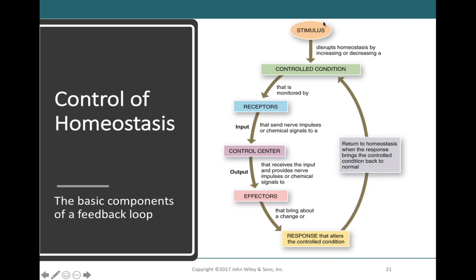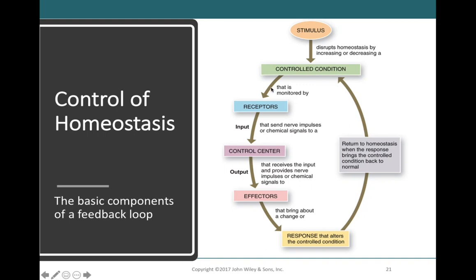Any stimulus is going to possibly increase or decrease some type of controlled condition. One example we might look at is heart rate. Some type of stimulus, such as a car crash, is going to significantly increase heart rate. If heart rate is increased, this controlled condition is going to be monitored by some type of receptor.